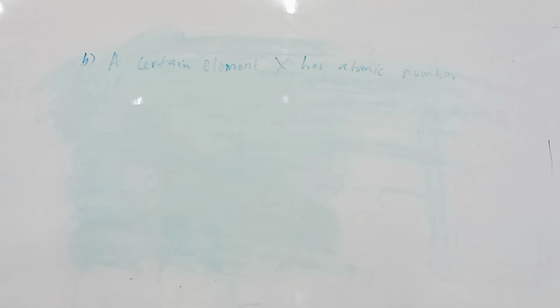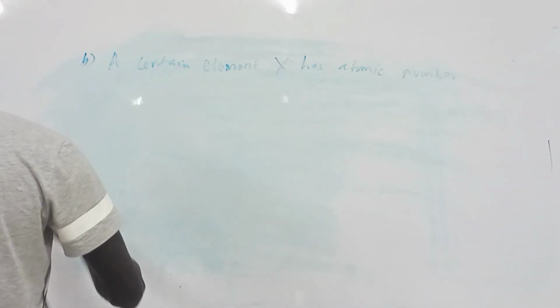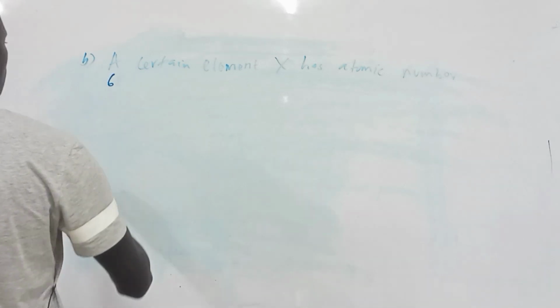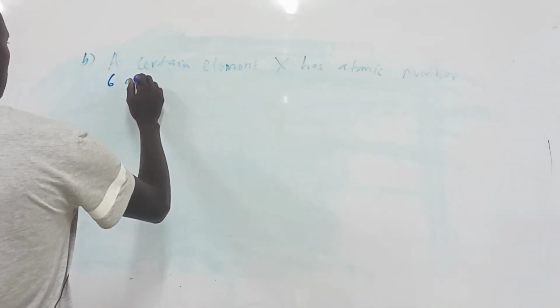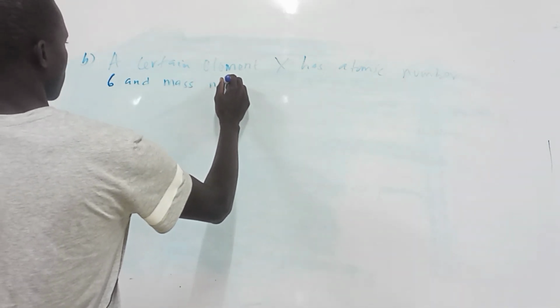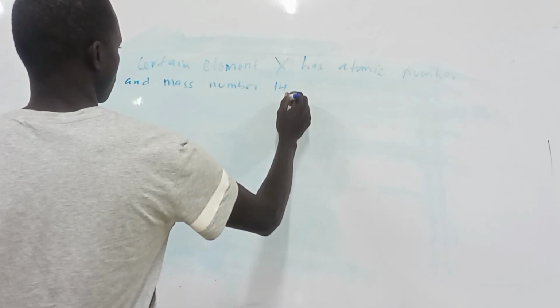Now we are told that a certain element X has atomic number 6 and mass number 14.